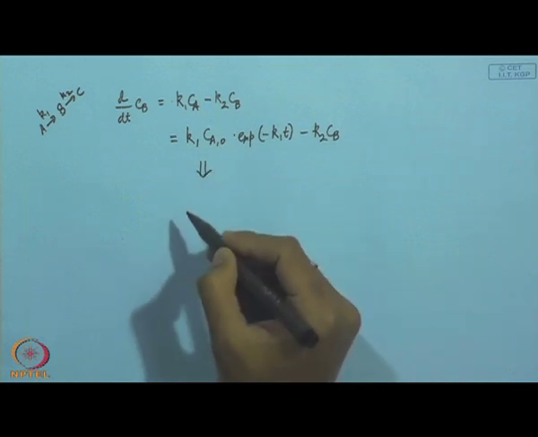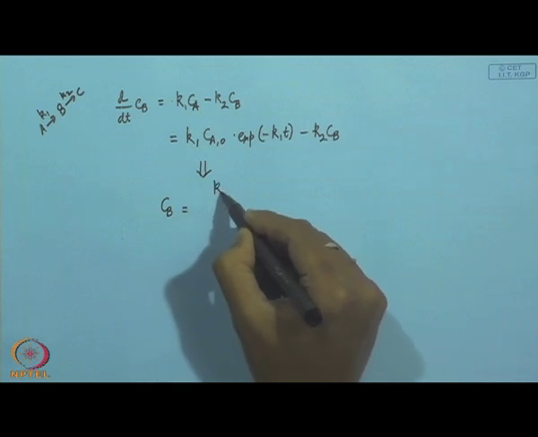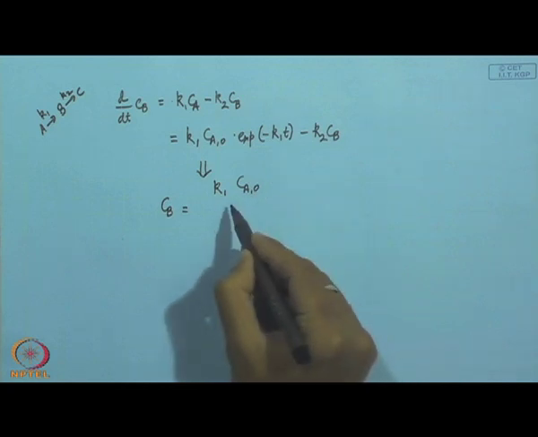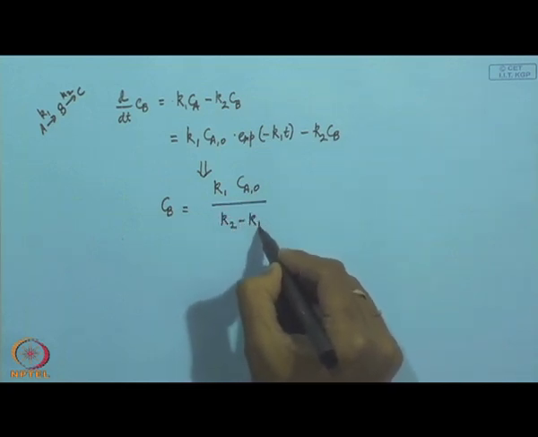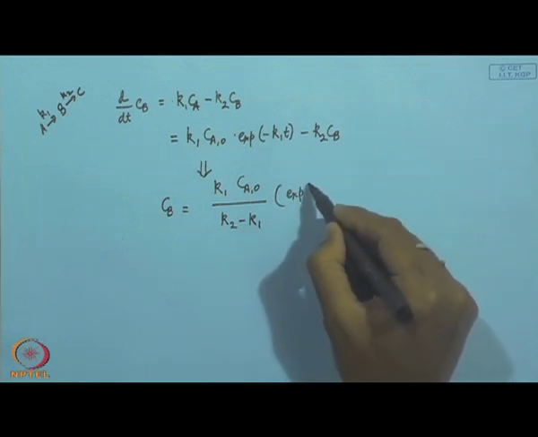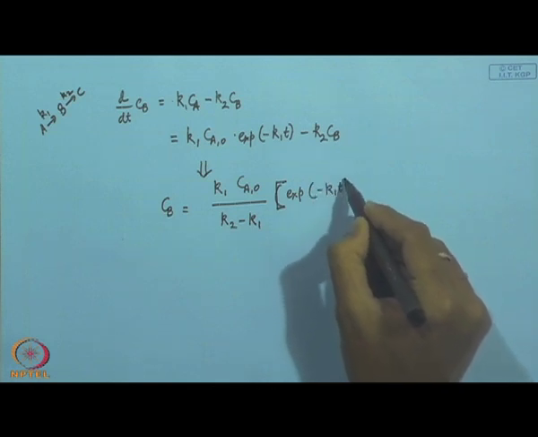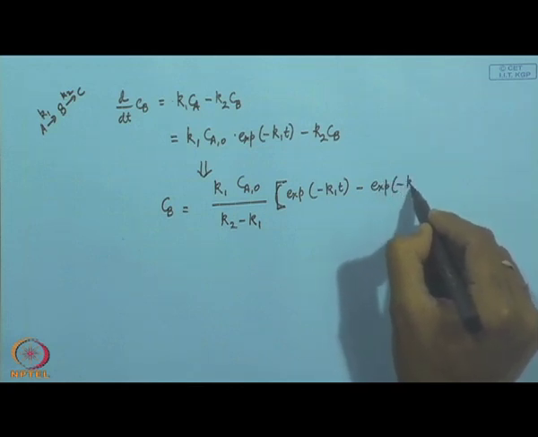Your solution will be Cb is equal to K1 Ca0 divided by K2 minus K1, into exponential to the power minus K1 t minus exponential to the power minus K2 t. You can try this by yourself.